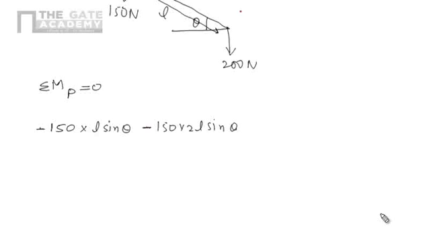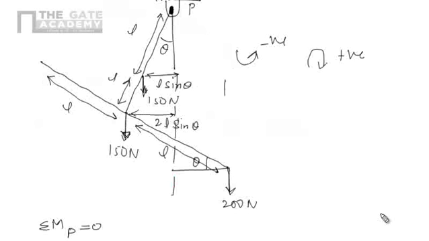Moment due to this 200 Newton: 200 into the perpendicular distance we have to see. This is the line of action of this force, and we want this distance. We know this is 2L sin theta here, and this one is L cos theta, and if we subtract 2L sin theta from L cos theta, we can get this distance.